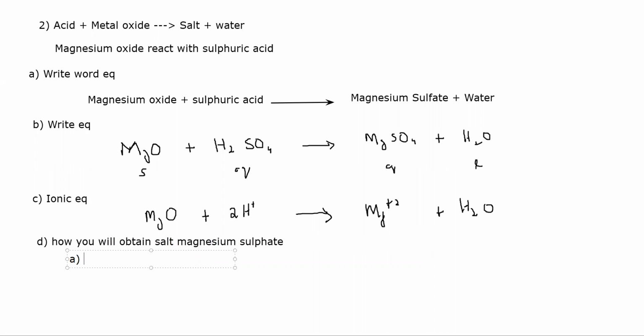Number one, we will warm sulfuric acid. So first we warm sulfuric acid, then we will add magnesium oxide or metal oxide until no more dissolves.